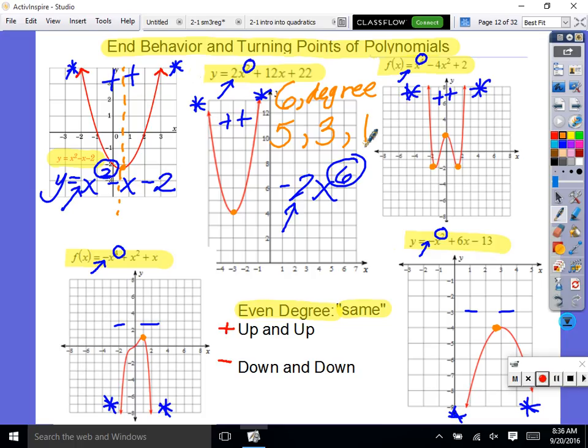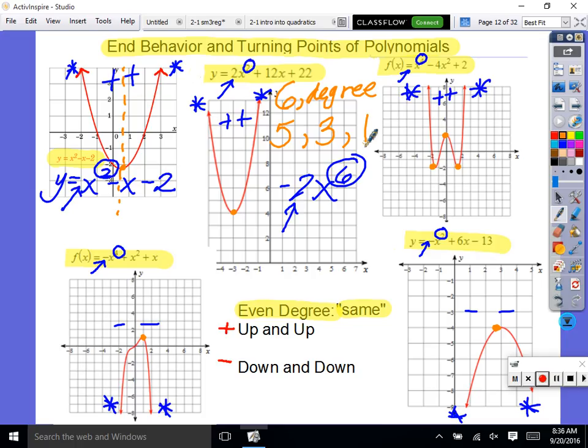So here's how I like to say it in honors. My evens are, for example, degree 6, degree 4, degree 2, correct? So how many turning points at most could 6 have? 5. At most, how many could degree 4 have? 3. And at most, how many could degree 2 have? 1. So a degree 6 could have 5 turning points, 3, or 1.